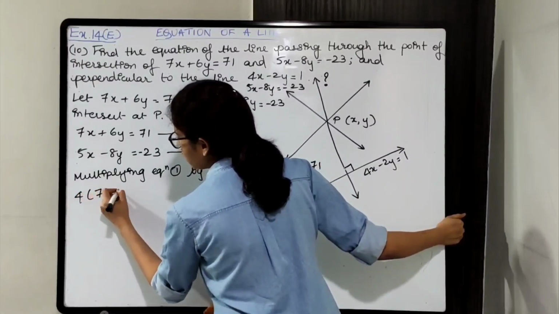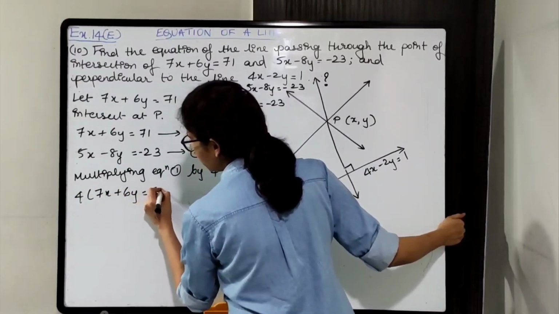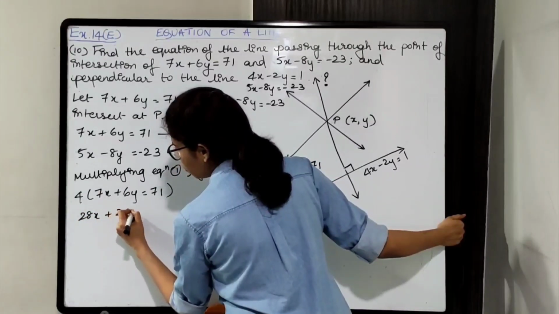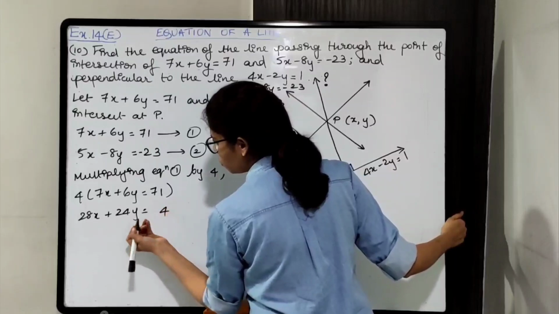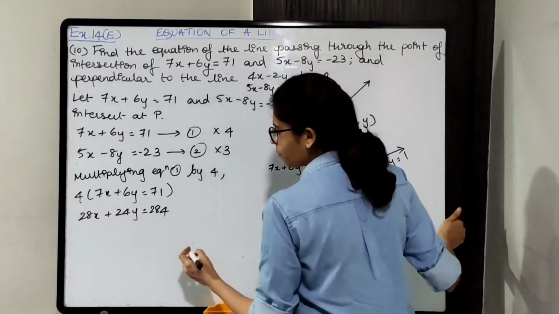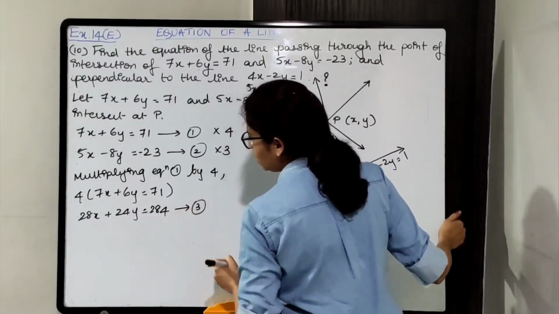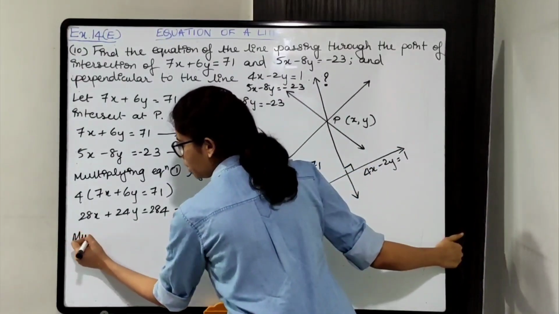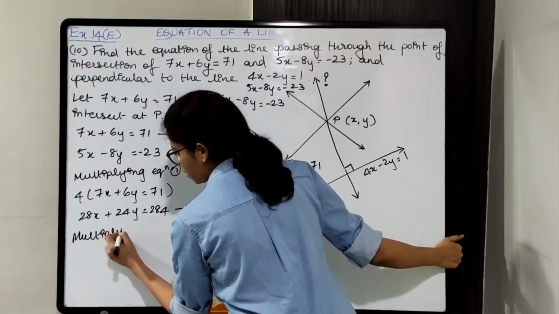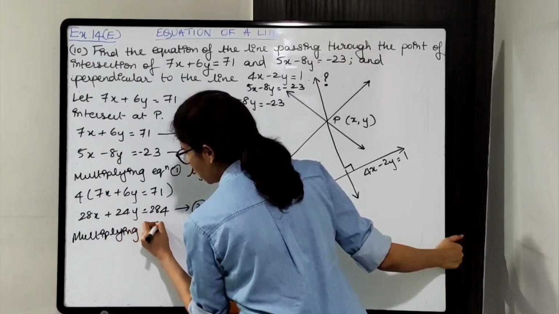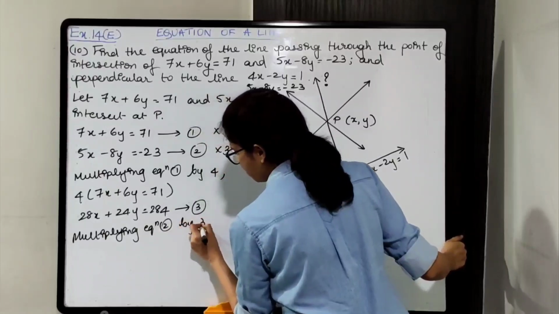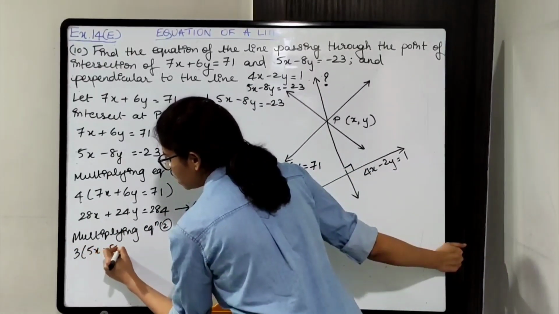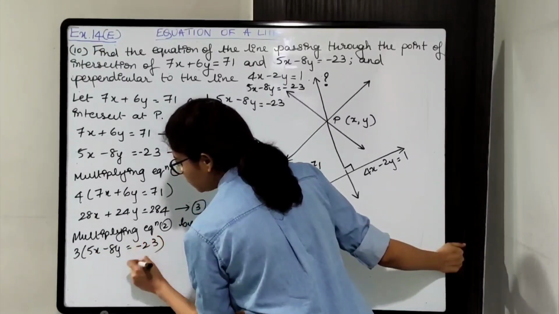4 into 7x plus 6y equals to 71. So 28x plus 24y equals 284 (4 1s are 4, 4 7s are 28, 4 6s are 24, 4 71s are 284). Mark this as 3. Now we'll multiply equation 2 by 3. So 3 into 5x minus 8y equals to minus 23.